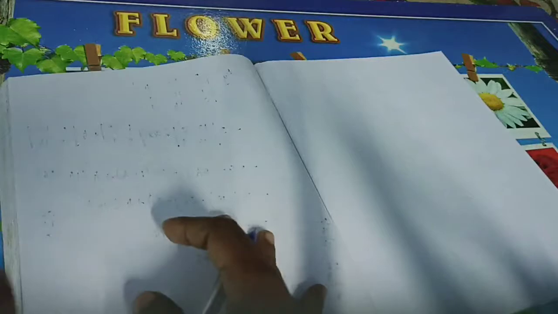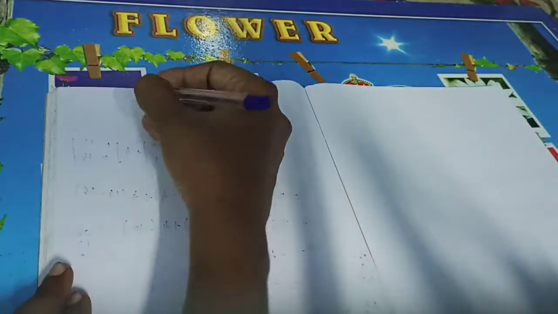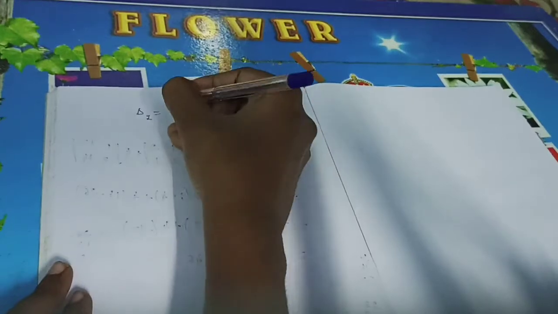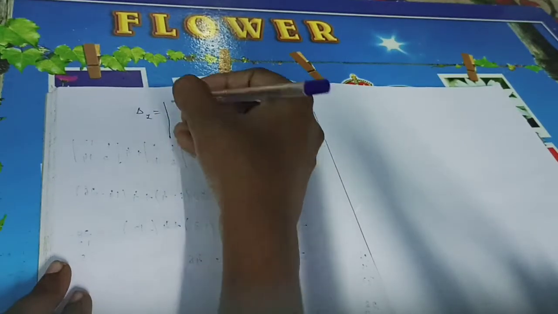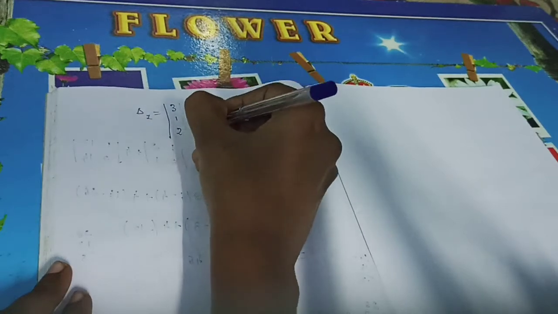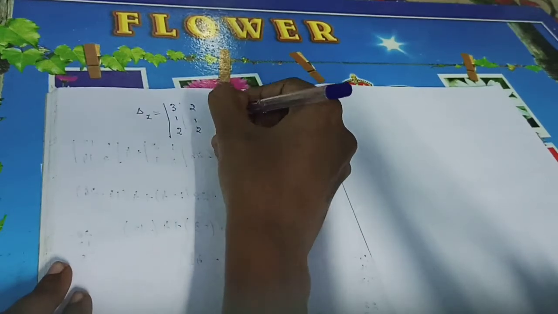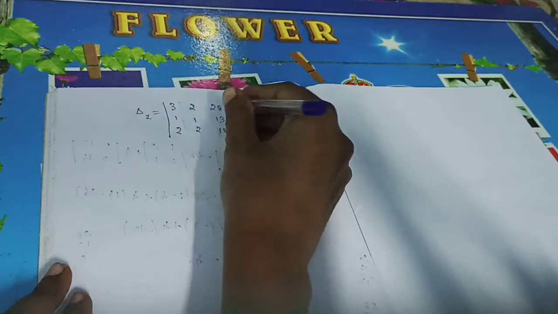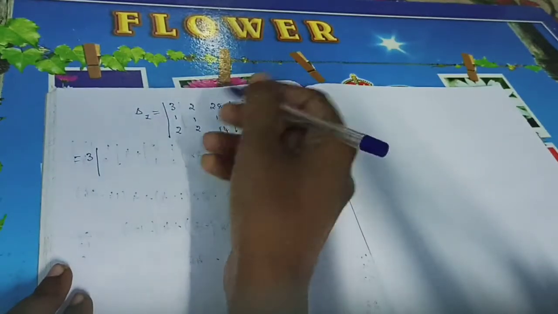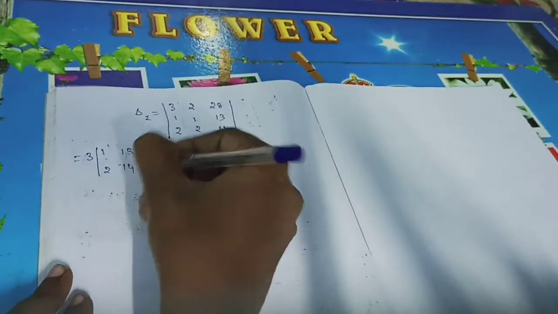Okay. Then next one is delta z. How we will find delta z? Delta z is equal to the determinant 3, 1, 2, 2, 1, 2, 28, 13, 14. That is equal to 3 into this and this will get cancelled, so 1, 13, 2, 14.